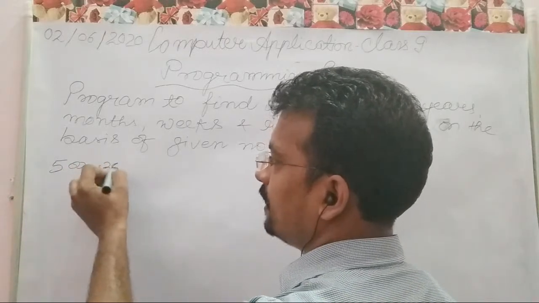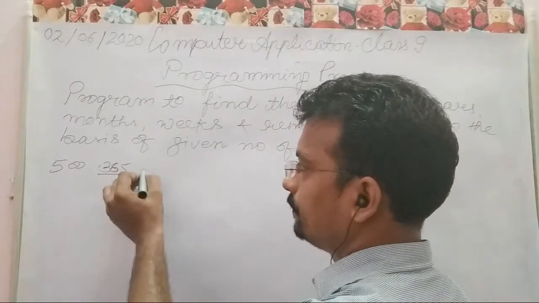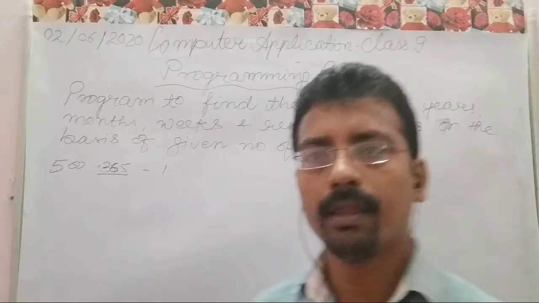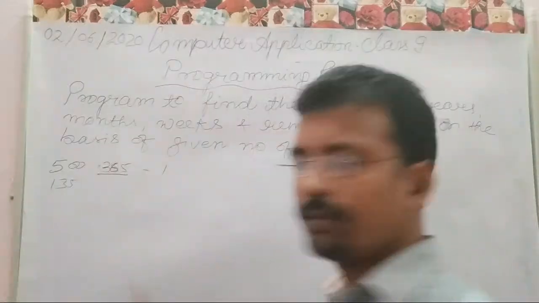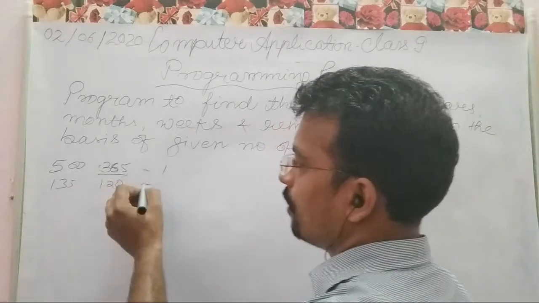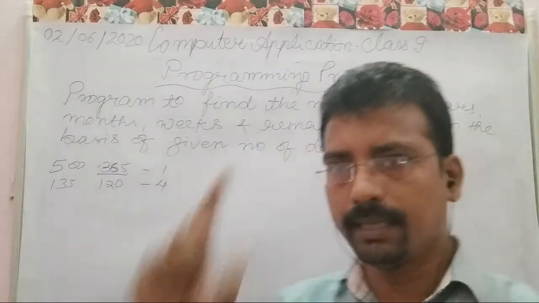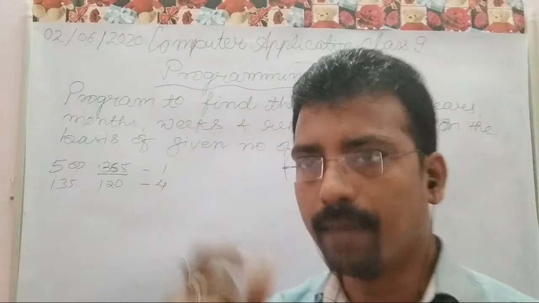Out of 500, 365 days will go for 1 year. Next, 135 days. Out of 135 days, 120 days will go for 4 months. 30 is the standard number of days for a month.